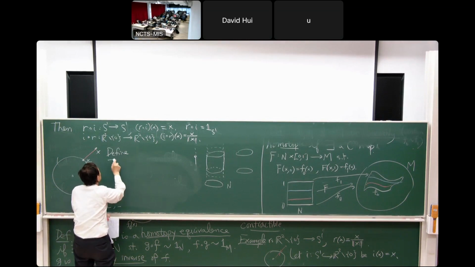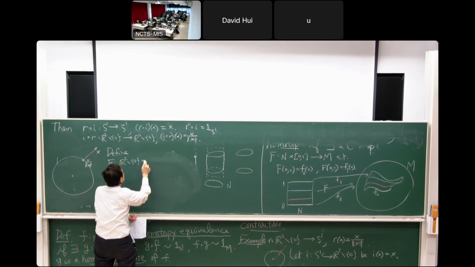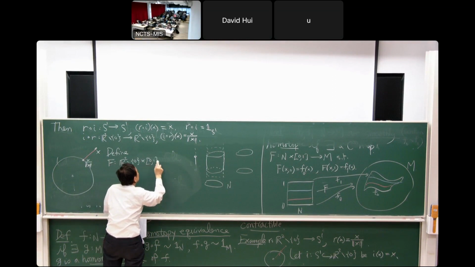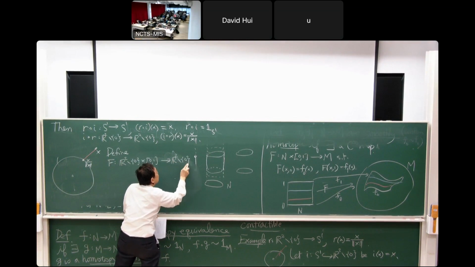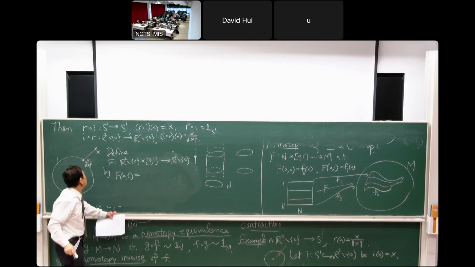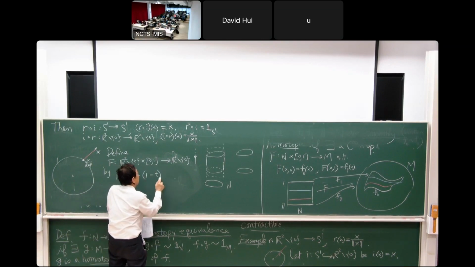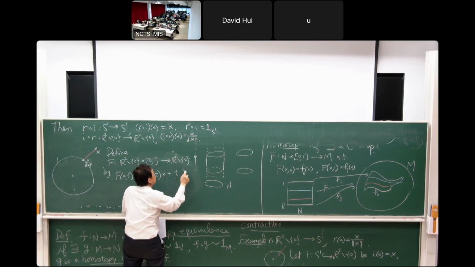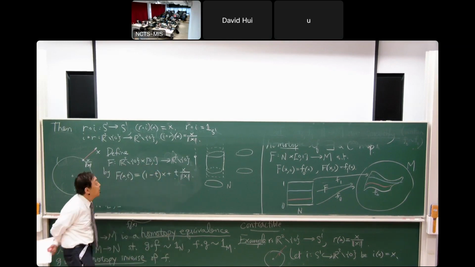Define F from R2 minus 0 cross [0, 1] to R2 minus 0 by F of x, t is the straight line homotopy, so that at time 0, it's x, and at time 1, it's x over the length.